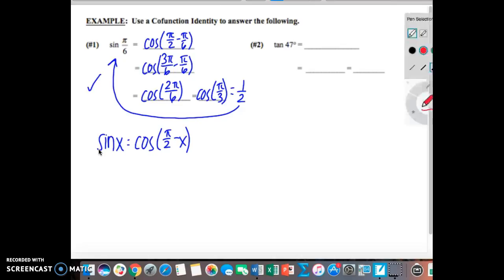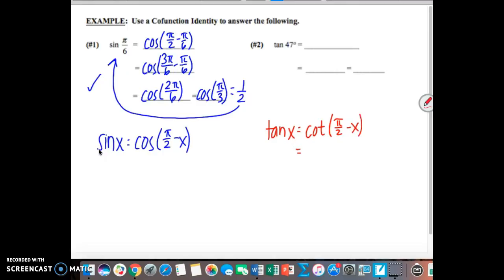Number 2 asks us to find tangent of 47 degrees. We know tangent of x is equal to cotangent of pi over 2 minus x. And since pi over 2 and 90 degrees can be used interchangeably, this is also equal to cotangent of 90 degrees minus x.